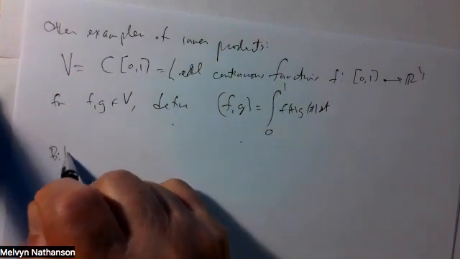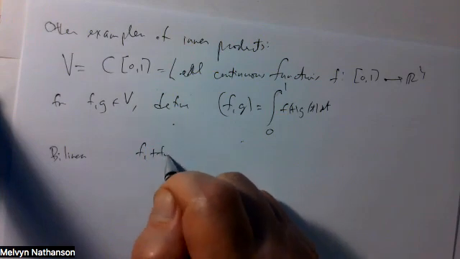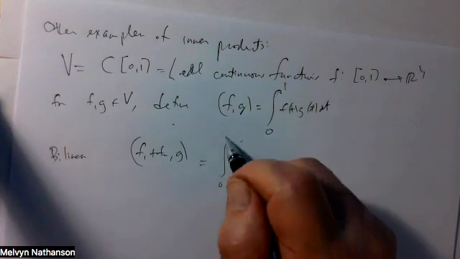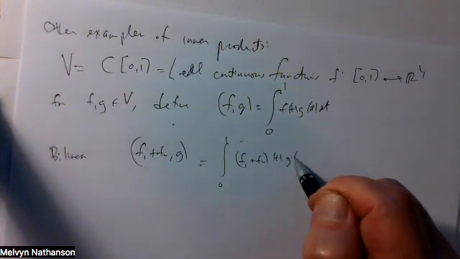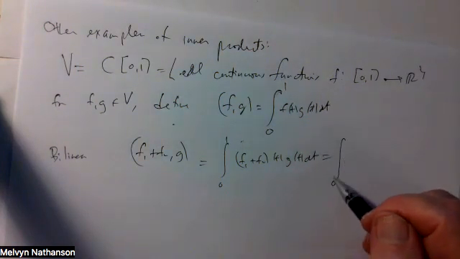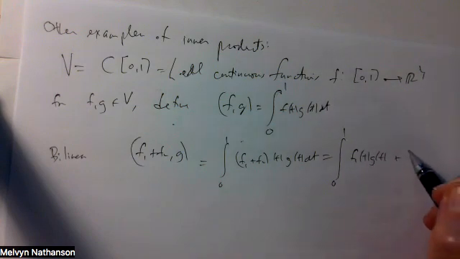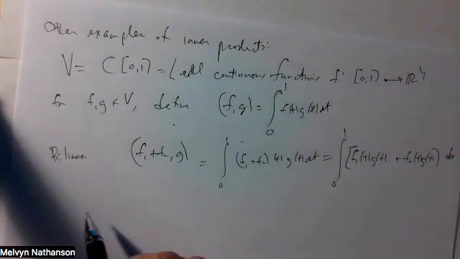And this is bilinear. For example, if you have f1 plus f2 comma g, this is the integral from 0 to 1 of f1 plus f2 of t times g of t dt. This is the integral from 0 to 1 of f1 of t g of t plus f2 of t g of t dt.